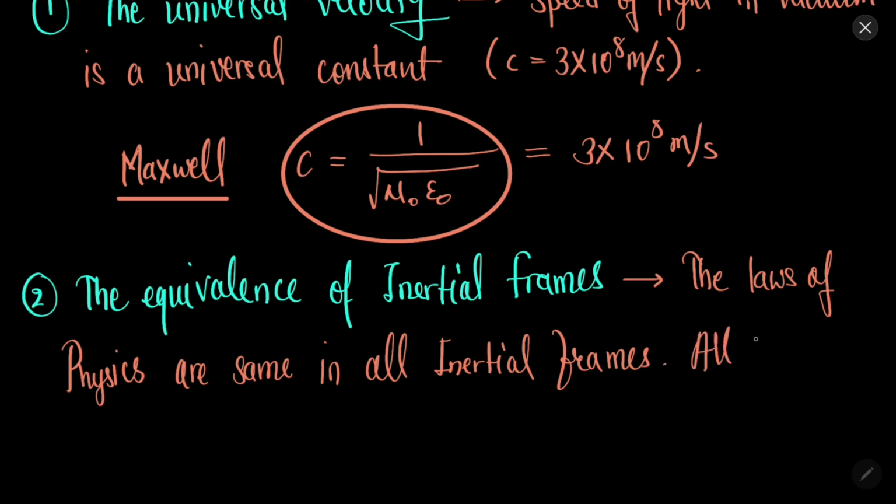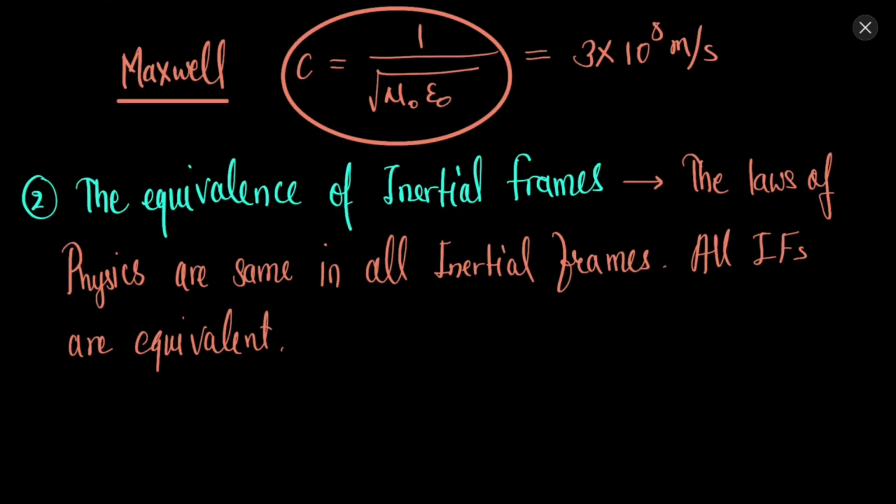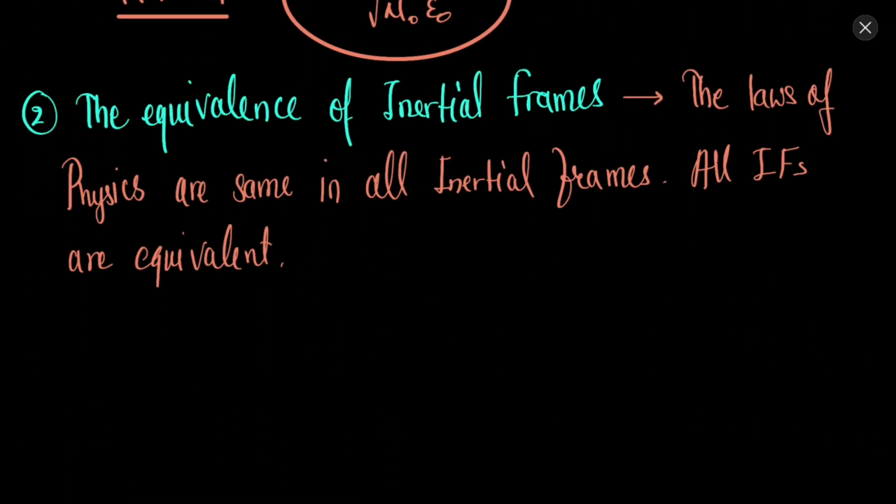All inertial frames are equivalent. What does this mean? This means that the law which is applicable in one inertial frame will be applicable in any other inertial frame. All the inertial frames follow the laws of physics as it is. So this was another important postulate.